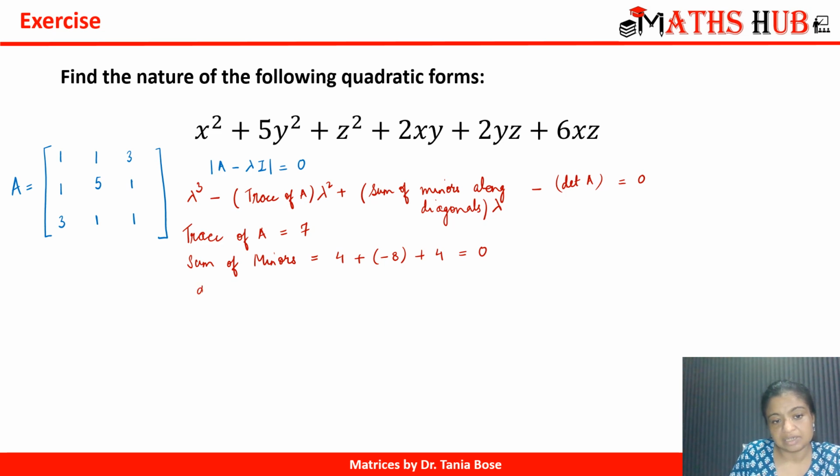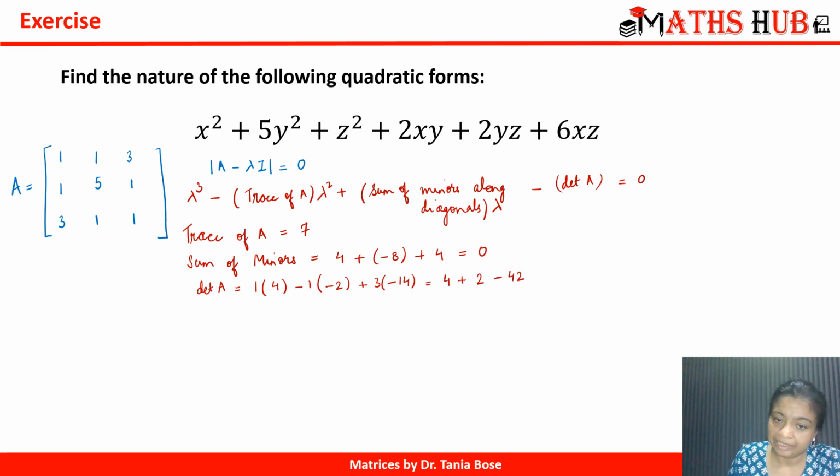And what is now the determinant of A? So for that, let us calculate 1 times 5 minus 1 is 4, minus 1 times we have 1 minus 3, that is minus 2, plus 3 times we have 1 minus 15, that is minus 14. So we get 4 plus 2 minus 42. Right?